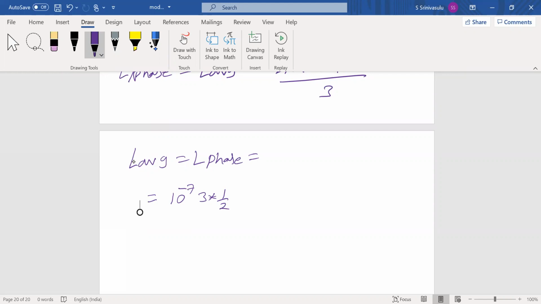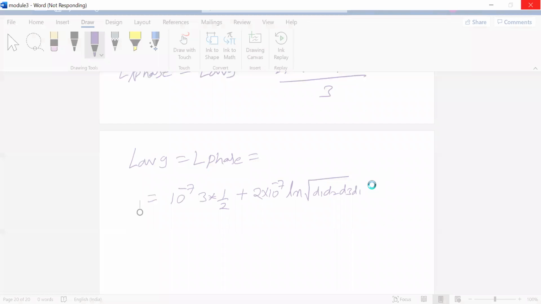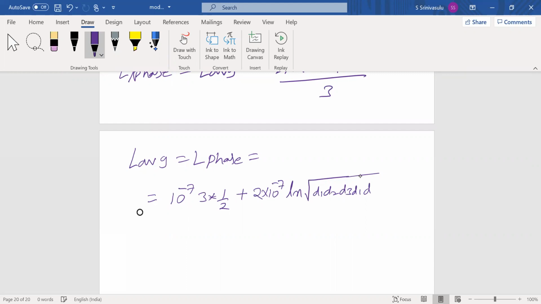Another is plus 2 into 10 power minus 7 ln of under root of d1, d2, d3, d1, again d1, d2, d3, d1, d2, d3.